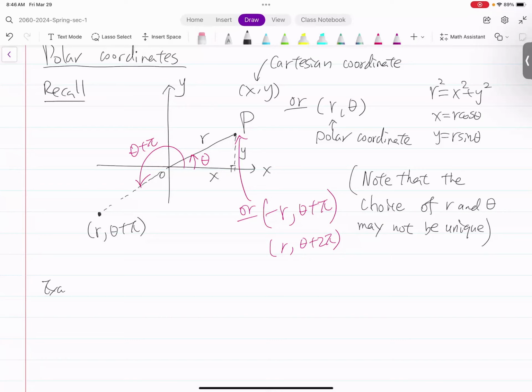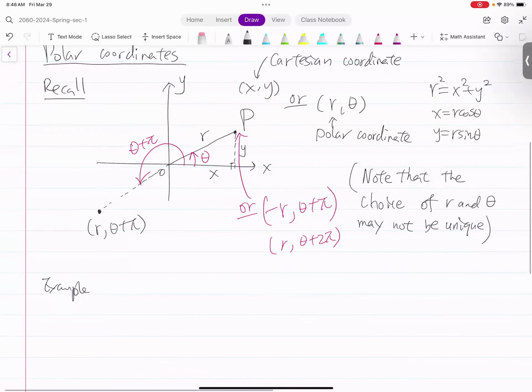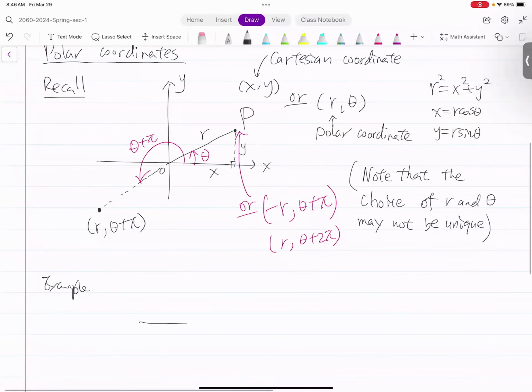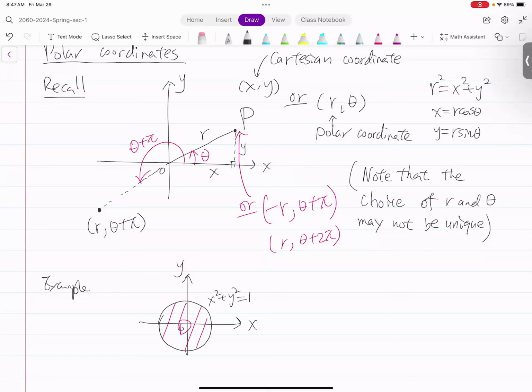So we'll do several quick examples. Of course, if you think about the unit disk, the unit circle is easy, right? But we are describing the regions. So the boundary is x squared plus y squared equals 1.